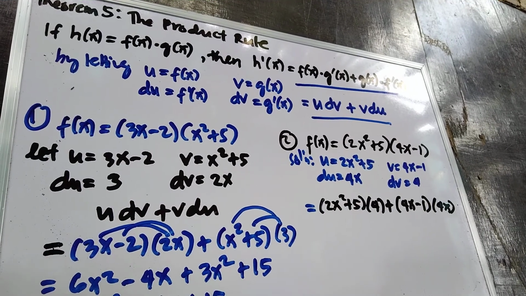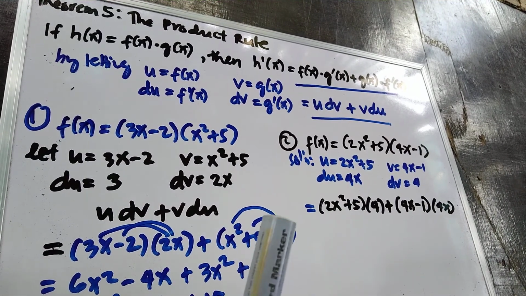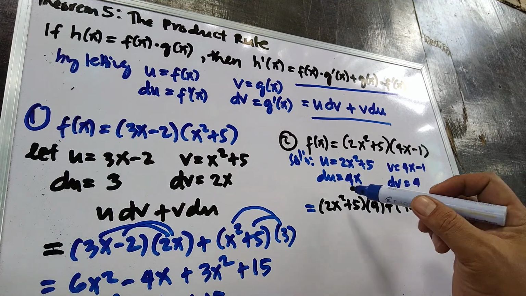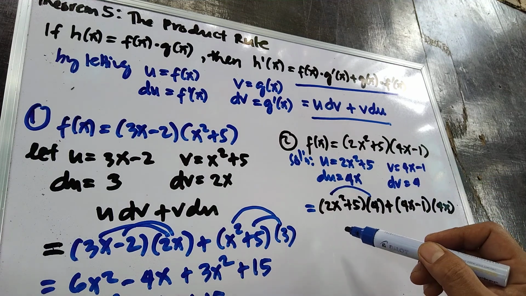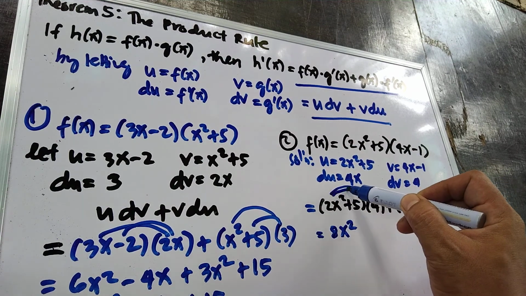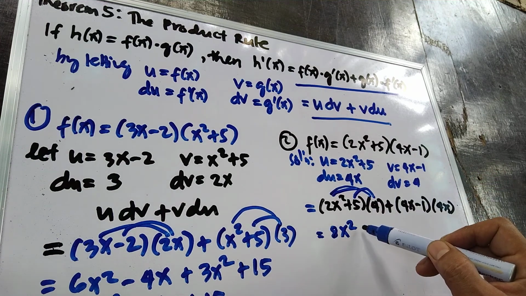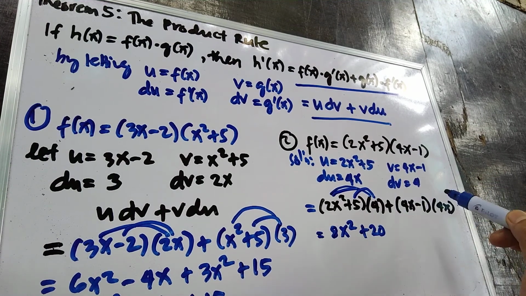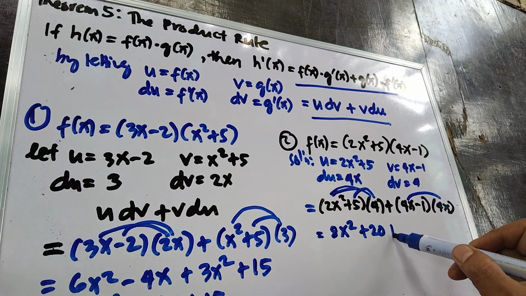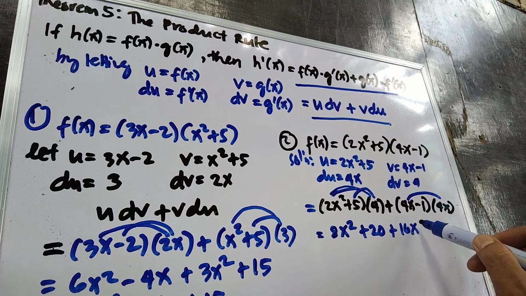Then, apply the distribution laws in solving a product. Now, you have here 2x squared times 4, you have 8x squared. 5 times 4, plus 20. Here, 4x times 4x, you have plus 16x squared.